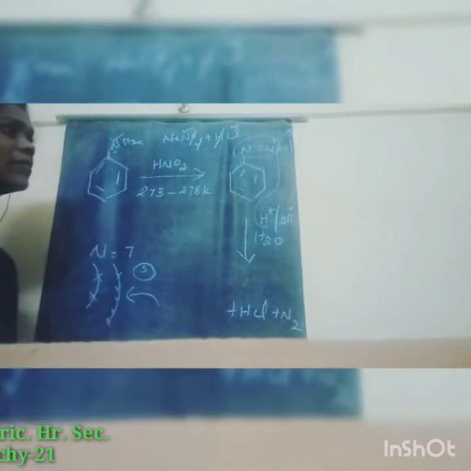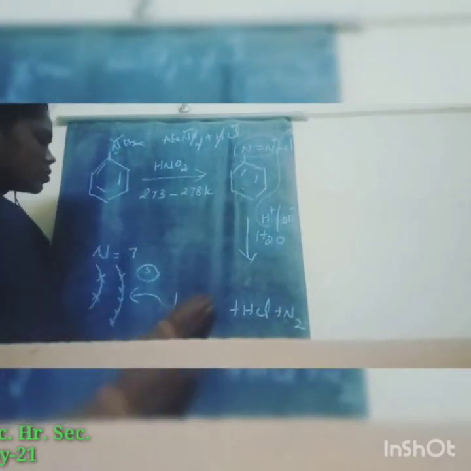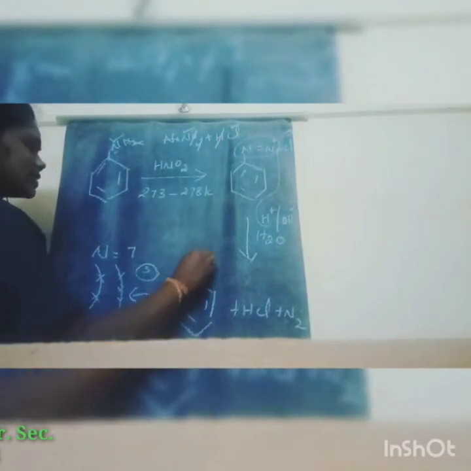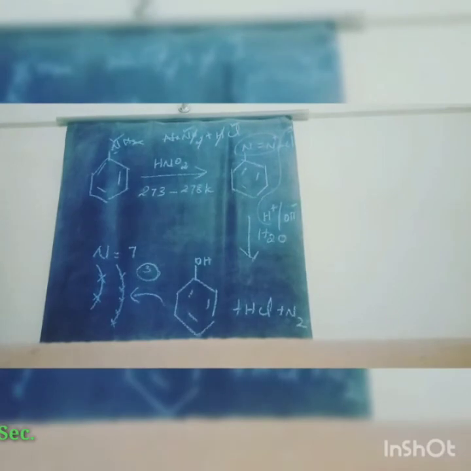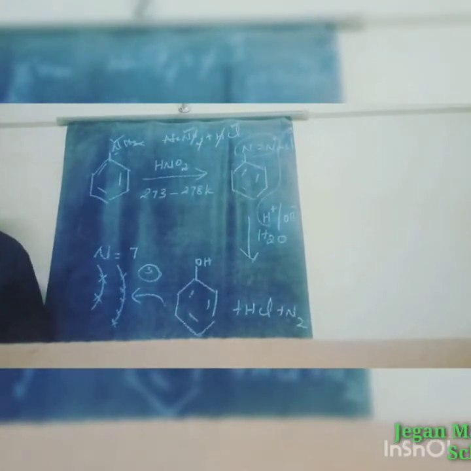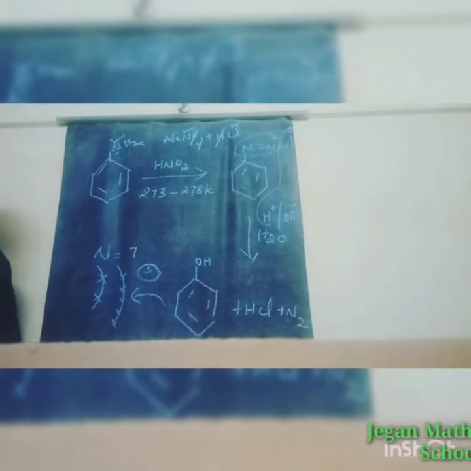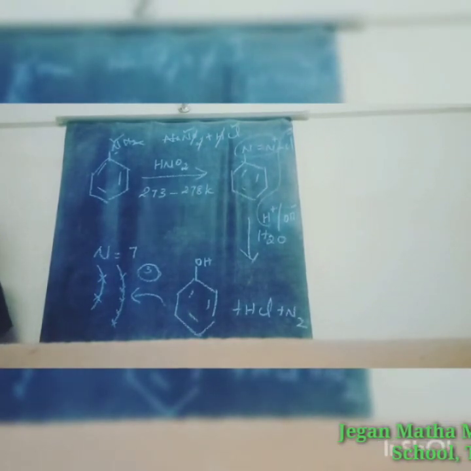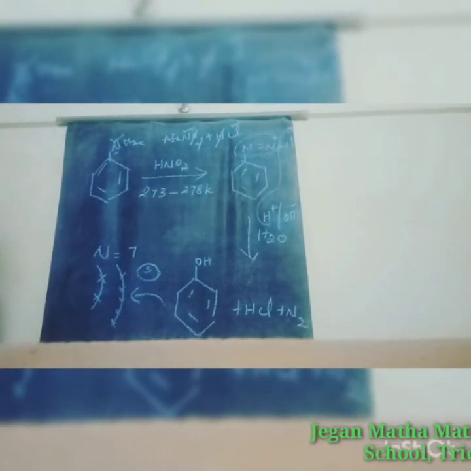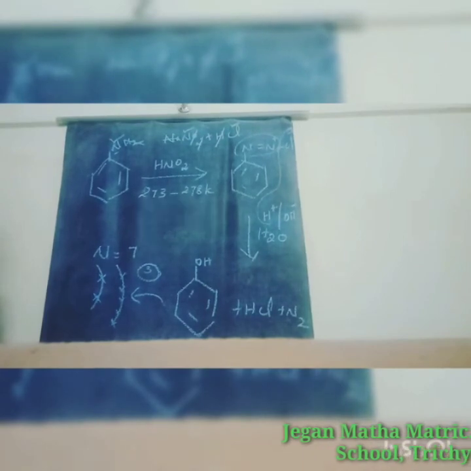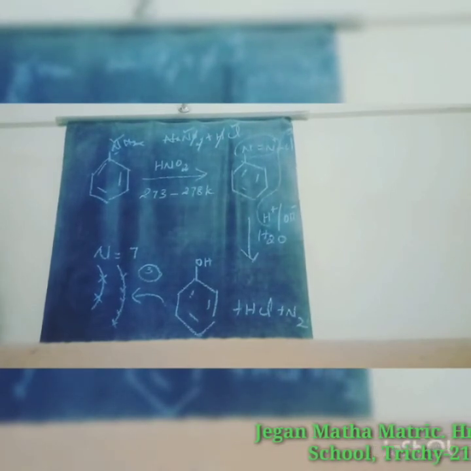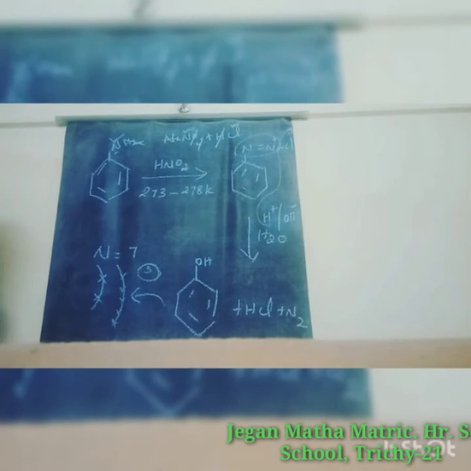So what is remaining? OH only remaining. So benzene structure, here OH is present. So this is phenol. Okay, so aniline is diazotized with nitrous acid at 273 to 278 Kelvin to give benzene diazonium chloride, which on further treatment with hot water in the presence of mineral acid gives phenol.